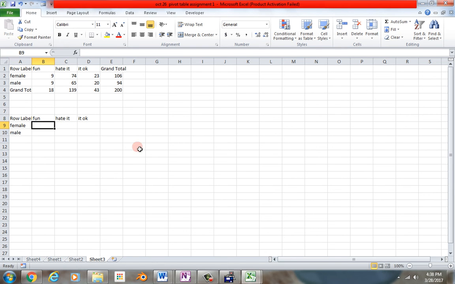Okay, keep in mind what we're saying here. We're saying that 106 out of 200, that's not basically, it's exactly 53% of the people are women. So 53% of these 18 ought to be women that think math is fun.